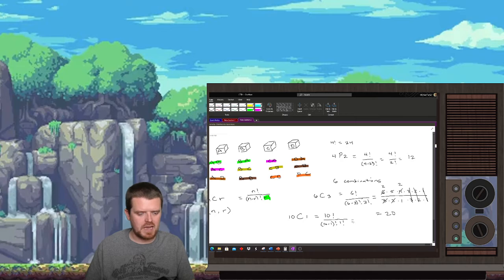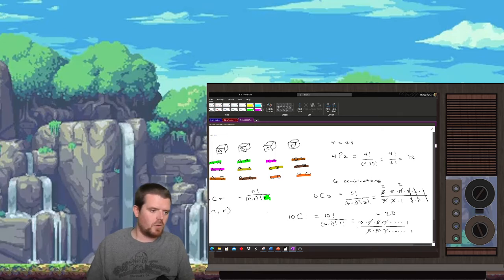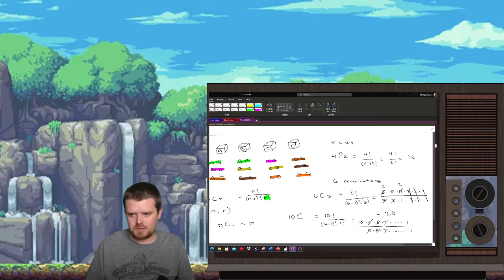So if I were to write this out, and you can do this, 10 times 9 times 8 times 7 all the way down to 1, divided by 10 minus 1, 9 factorial, 9 times 8 times 7, all the way down to 1, you're going to end up canceling out everything except the 10. So you make a note of this here, and this would be a special case, but if you have n choose 1, that is going to be equal to whatever your n value is.